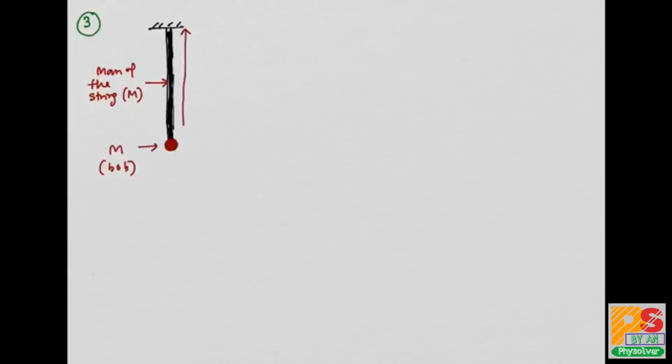The length is L, not small l. Let the length of the rod be x, okay. Now they ask you to find the time period.